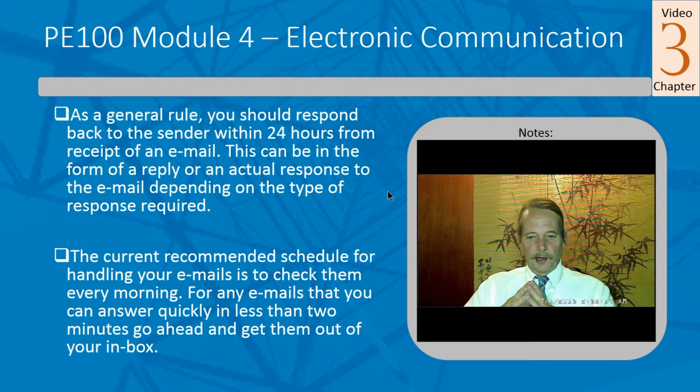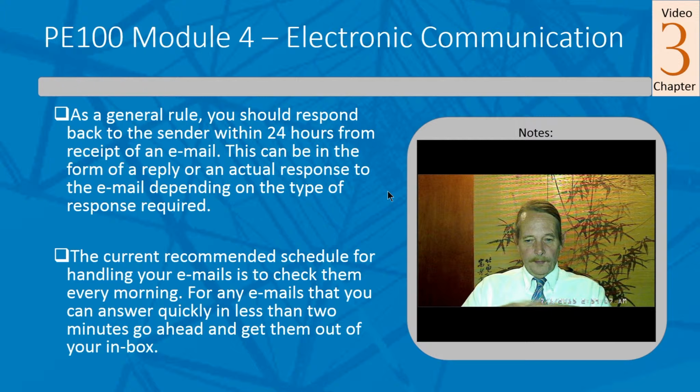If it's an issue that we've determined its priority is such that it's going to take some work to respond to it, then we reply. So you need to always question, do I respond or reply? If you're replying, what you're basically doing is sending them a letter back confirming that you got their communication, that you are working on it, and then if you can, give them a general idea of how many days it's going to take for you to be able to resolve that issue and respond back to them.